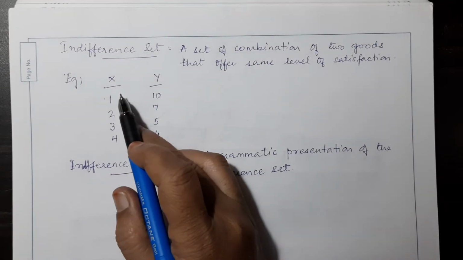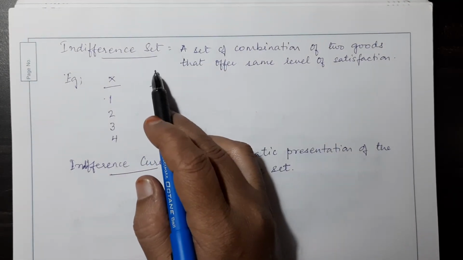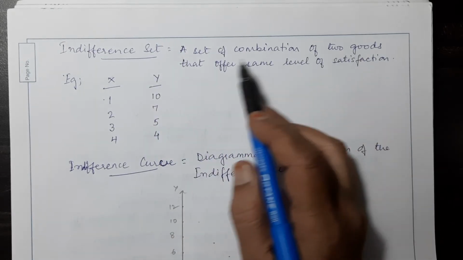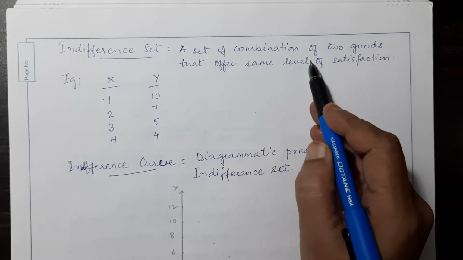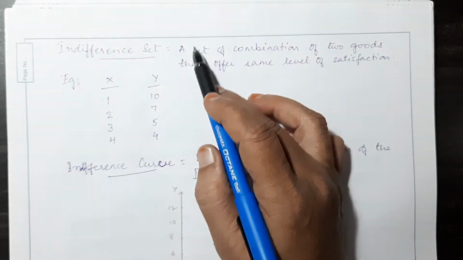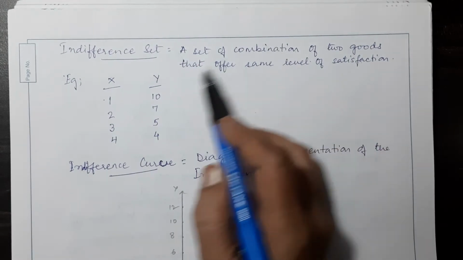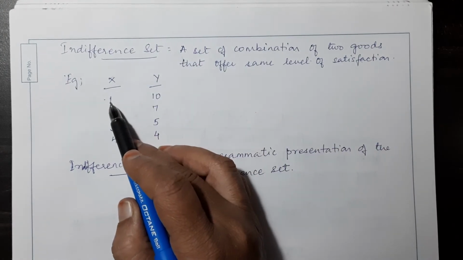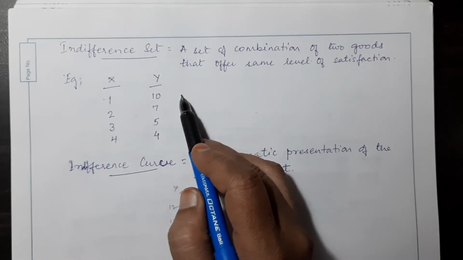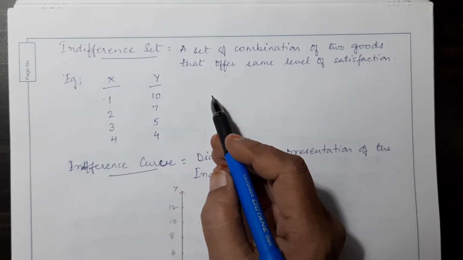Now, an indifference set represents a set of combinations of two goods that offer the same level of satisfaction. It's only a set of combinations. That means if he consumes 1 unit of x, he consumes 10 units of y, which gives him some level of satisfaction.